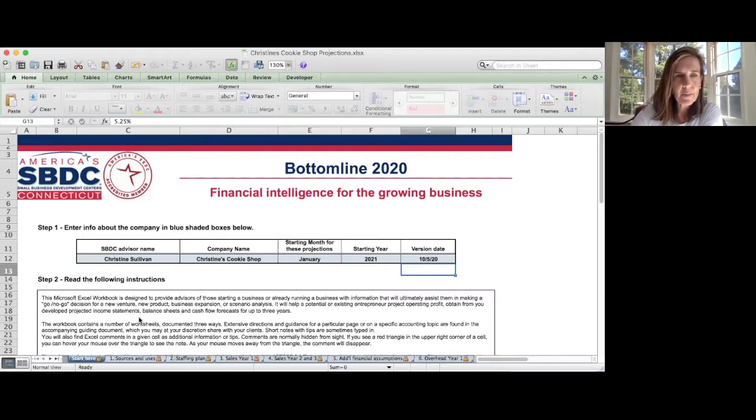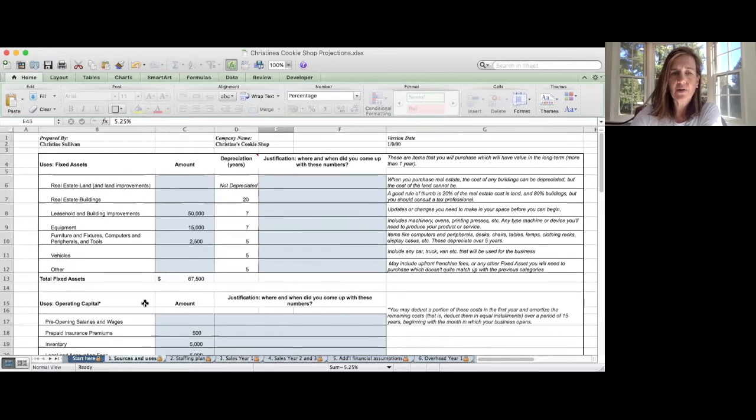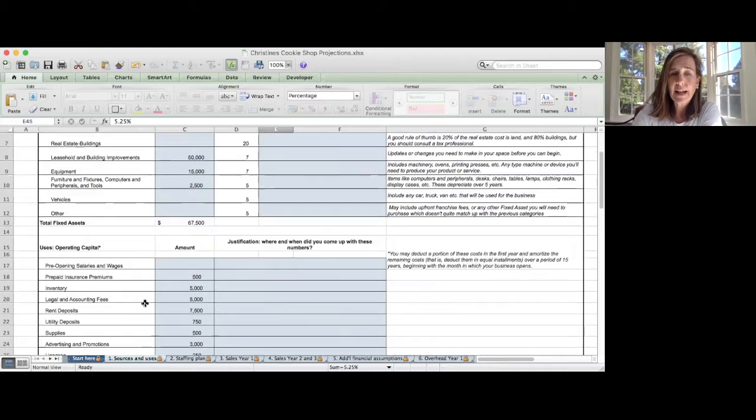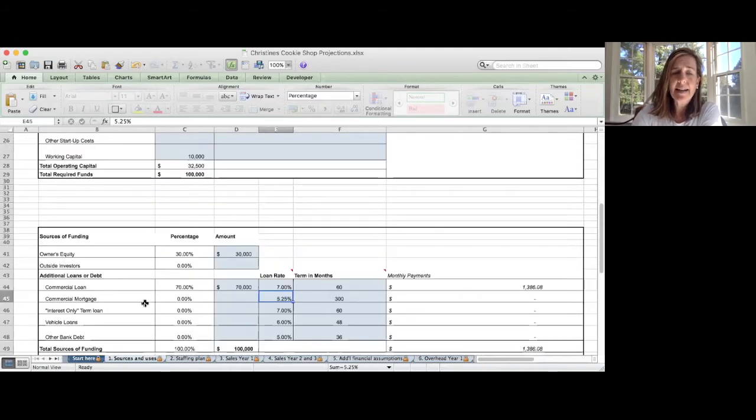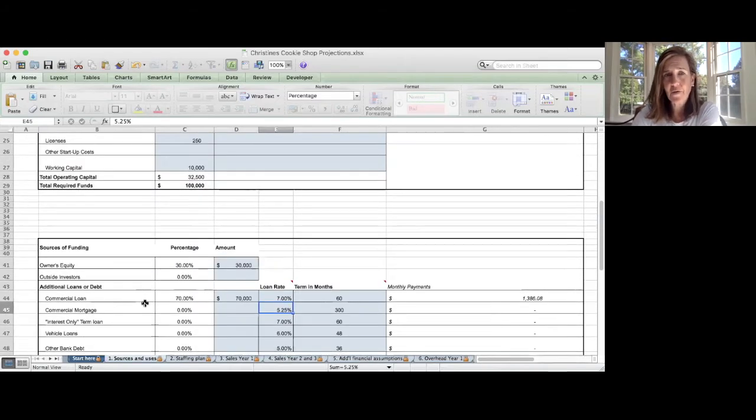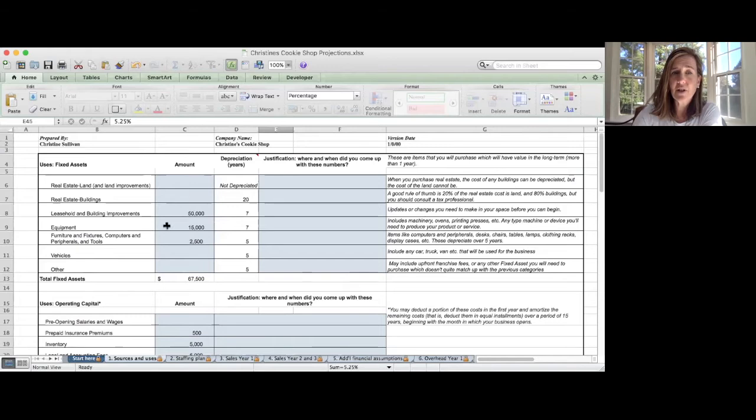So very briefly, as we discussed, in tab 1, sources and uses, I input a lot of the fixed assets, the operating capital, and the sources of funding for my bakery. I've included $50,000 in leasehold and building improvements, $15,000 in equipment, some furniture and fixtures.